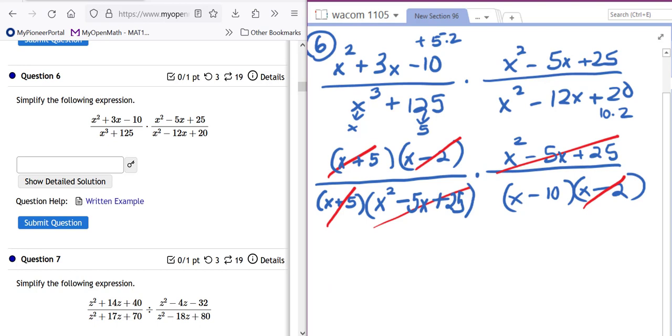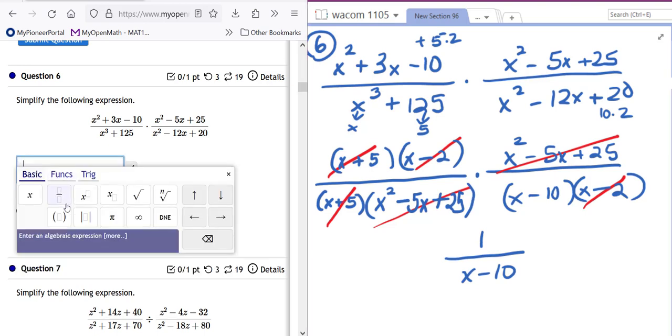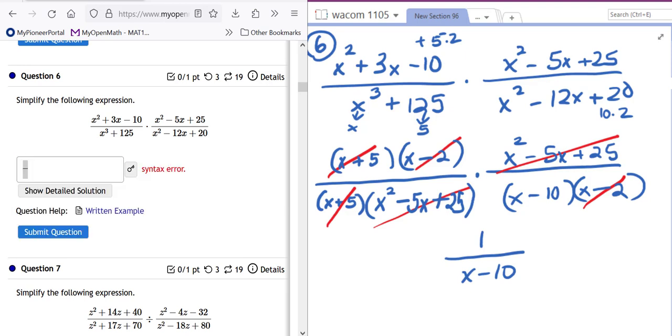Nothing over here. Now, everything has divided out of our numerators. You are dividing, so if everything goes away, it goes one time. You need to put that 1, and the x minus 10 is left in the denominator. So we click in our box. You need the fraction button. We need a 1.